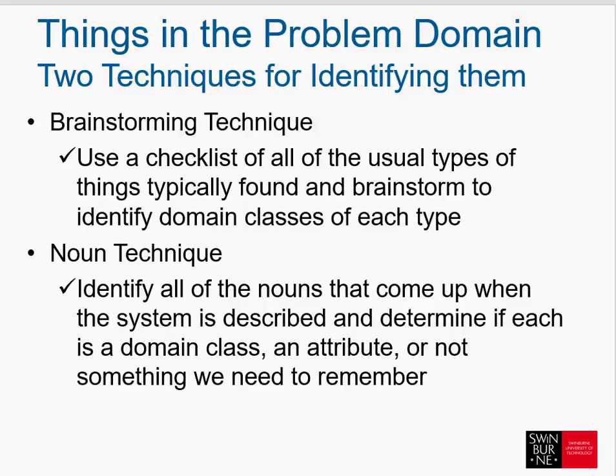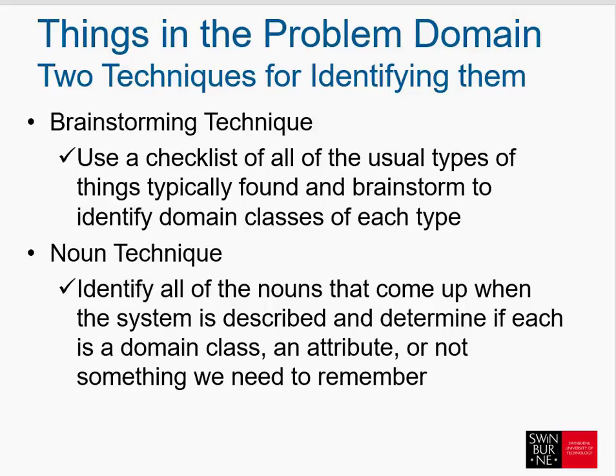We need to begin by listing all the nouns that the users mention when talking about the system. Nouns may be used to describe events, use cases, and user stories, and the actors are also potential things as nouns.